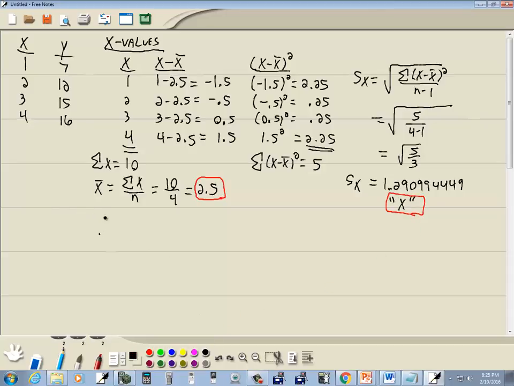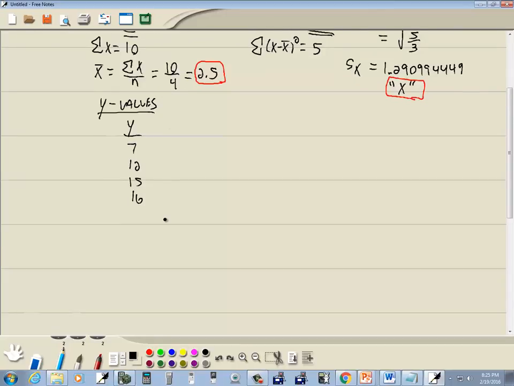Well, now we need to find our y values. So I'm going to have 7, 12, 15, 16. And we need to find our mean. So the sum of the y values is 31, 41, 43, 50.